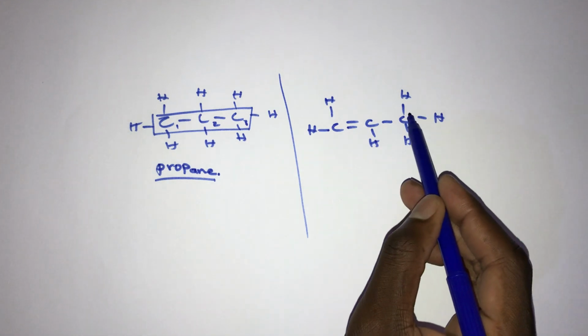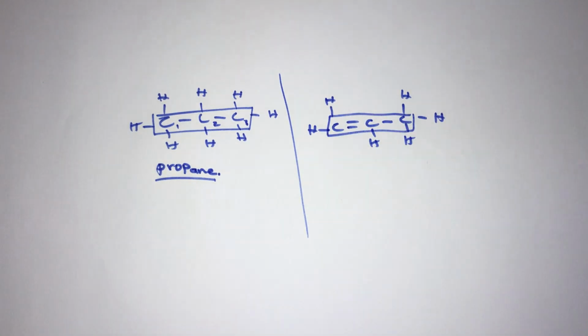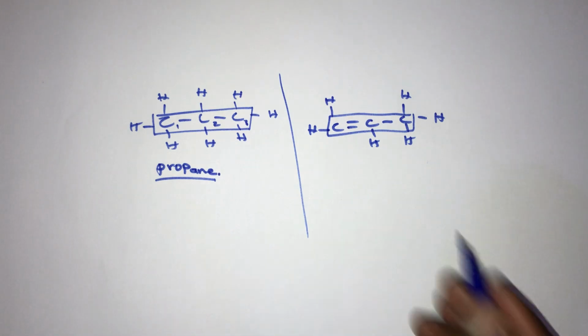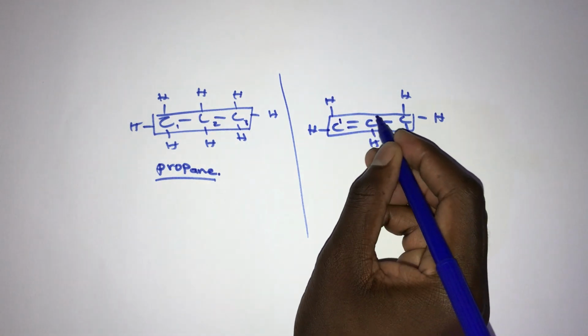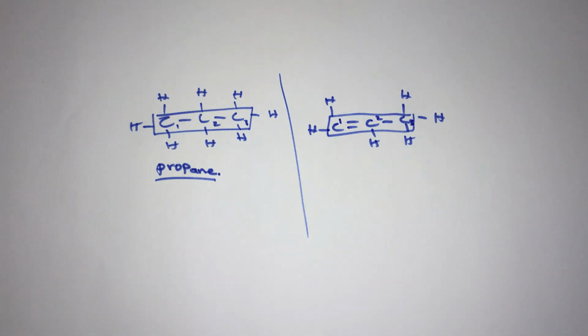So first we check the parent chain. So this is our parent chain. Now before we name our structure, we check where our double bond is. We have to make sure that the double bond gets the lowest number. So that means we're going to start from this way. 1, 2, 3.